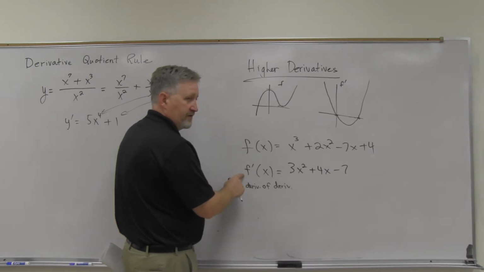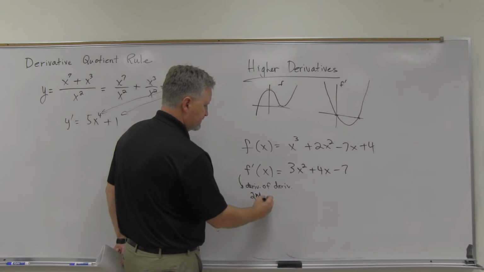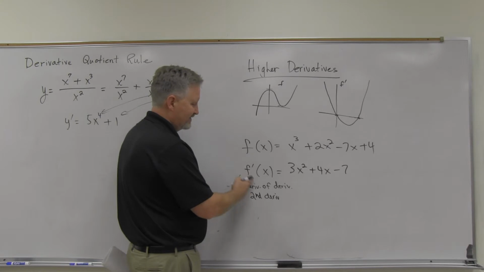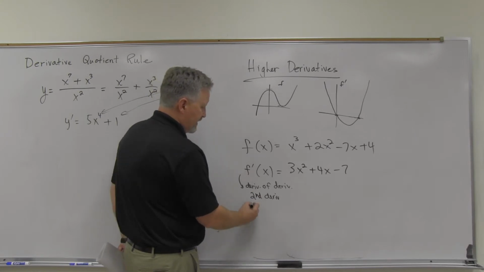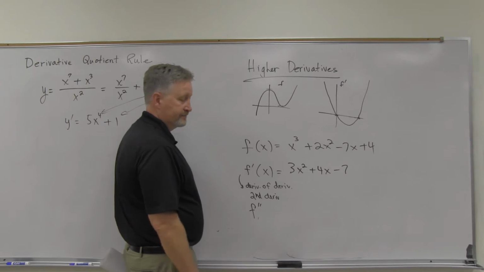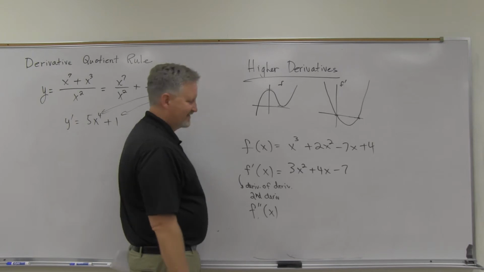The derivative of the derivative, well, we call that the second derivative for obvious reasons. Because this is the first derivative now, we'll call it. So now we do the second derivative, and we'll just add another mark there. Double prime is going to be our second derivative. All makes sense, right?